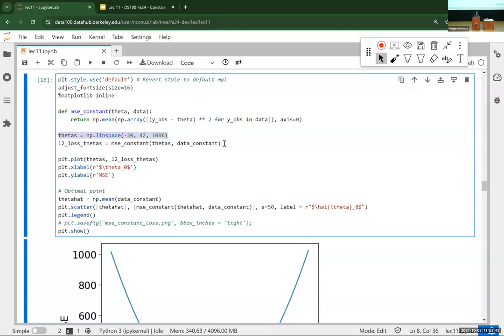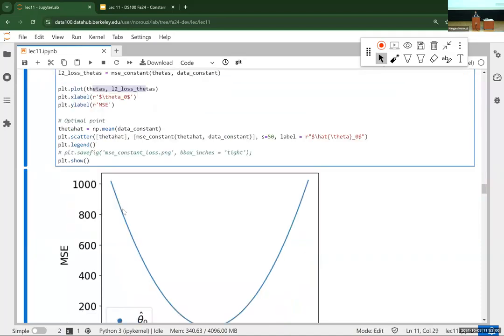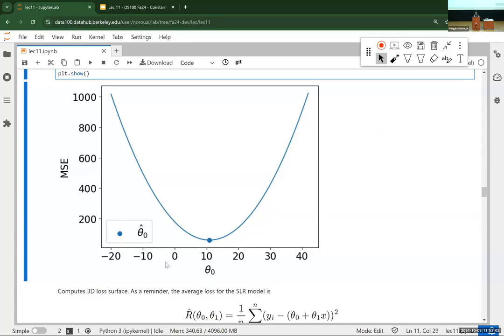And I'm going to build this constant model with the MSE objective function for that specific theta 0. Then I take a look at that loss, and everything else is just plotting that loss for different theta values. So again, you see that for different theta values, if I set theta 0 equal to 0, this is the amount of loss that I'll get.